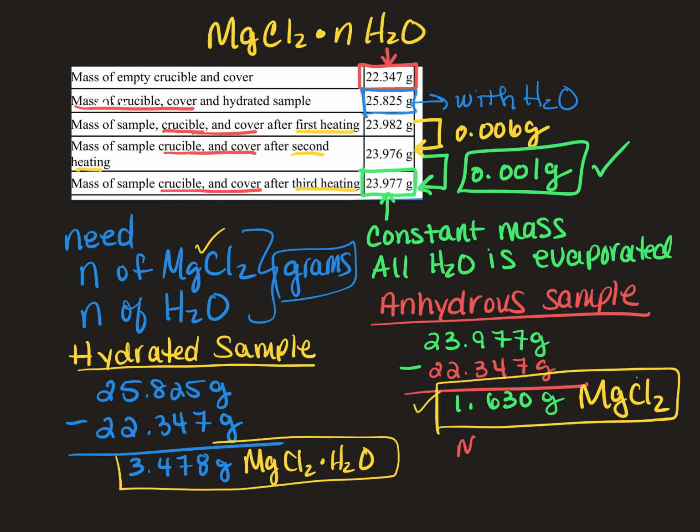So we're going to take the MgCl2 H2O mass, which is 3.478 grams, and we're going to subtract from it the mass of just the MgCl2, which is 1.630 grams, and that's going to give us 1.848 grams. So I'm going to go ahead and move those numbers over to the next page.